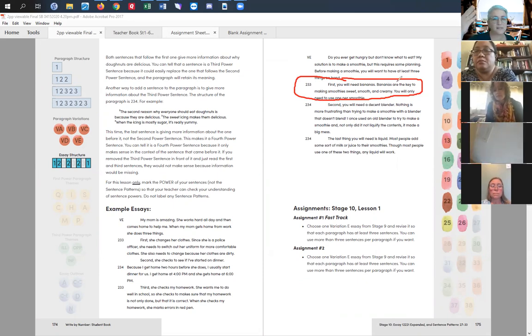Remember, that's just a second power sentence. Now they have this sentence that tells more about this, and this sentence tells more about the sentence before it. And I explain to them the difference between a 2-3-4 and a 2-3-3, which is probably a little hard to grasp right now because we're going through it so fast. But if you were to read the program, it would make sense because you would be doing it.